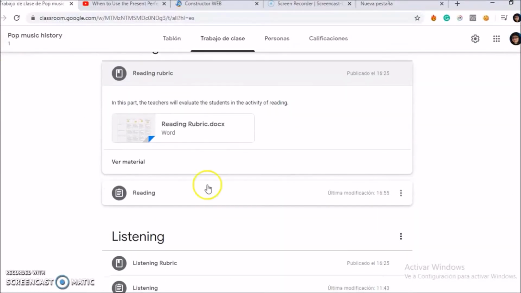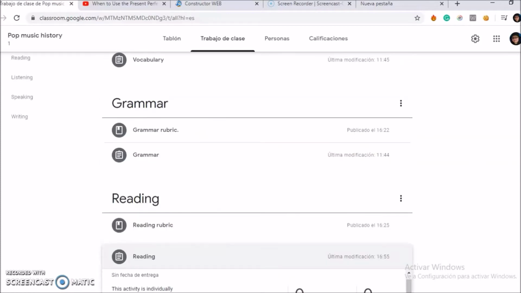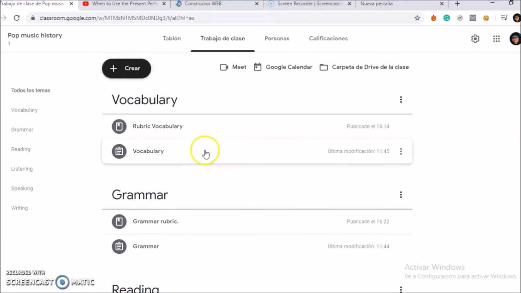And this is the activity, the reading. This activity is individual, like in each skill, like vocabulary and grammar.